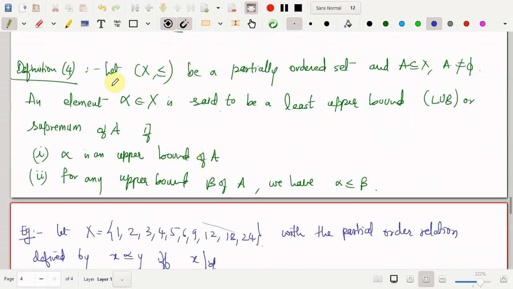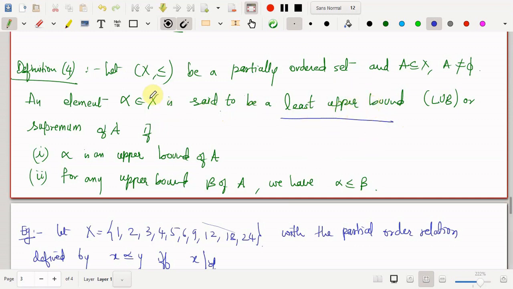So now, since we have seen that an upper bound is not unique and a lower bound is not unique, how do we get a unique upper bound and lower bound? From the upper bounds we choose the least among them, because that is unique. If you have one upper bound, then any other element greater than it is also an upper bound. Therefore we choose the least upper bound. So what is the definition of the least upper bound?